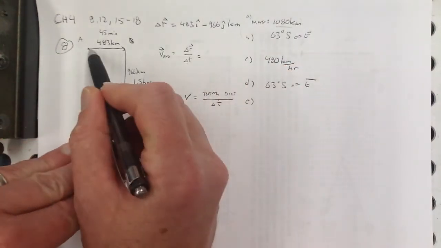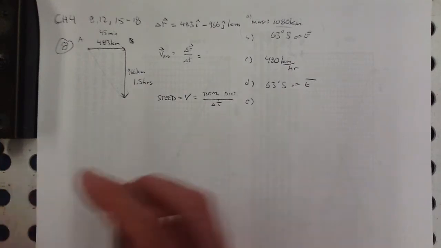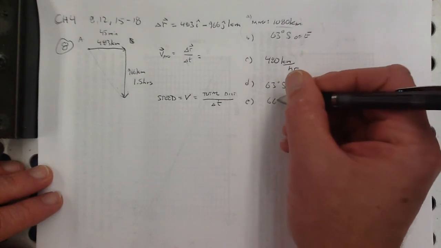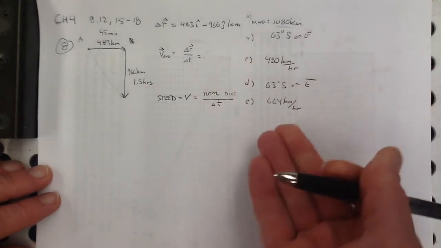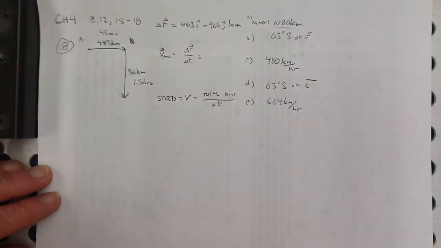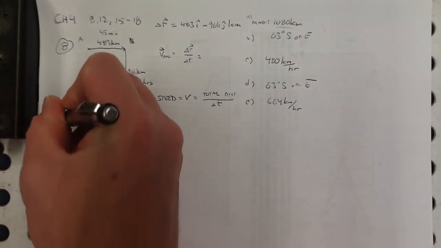So the total distance is this plus this, which is 664 kilometers per hour. And there's no part F where they ask for the direction of this because that's speed. It's not a vector. It doesn't have direction. I think that's everything for 8.